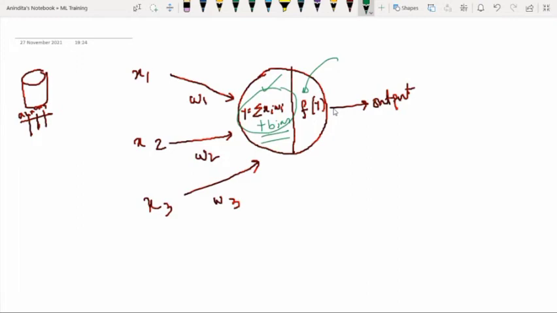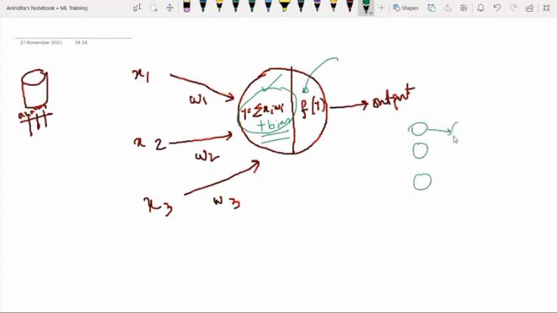But before that, I'm just going to tell you one point. Whenever we are going to talk about neural networks, you have to understand one point. That is, neural networks are made of interconnected neurons. This thing we have already concluded.